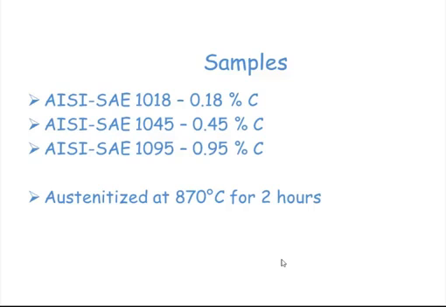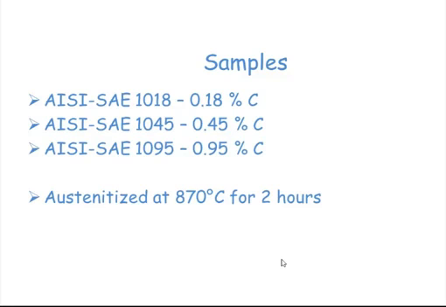As we know, according to the iron carbon phase diagram, we need to heat all the steel samples above the upper critical temperature. The upper critical temperature is a line above which we do not have ferrite. We have all austenite present above the upper critical temperature. So heat the samples above the upper critical temperature, that is in the austenitic region.